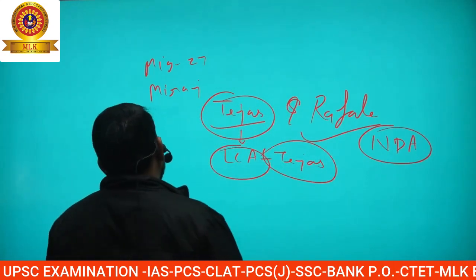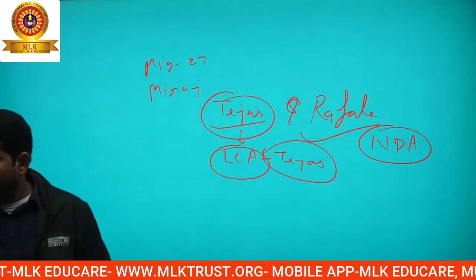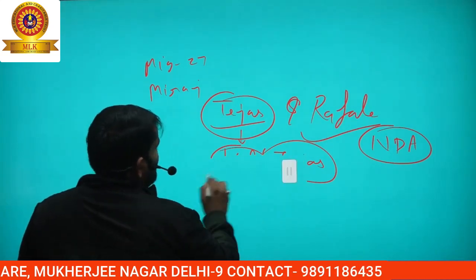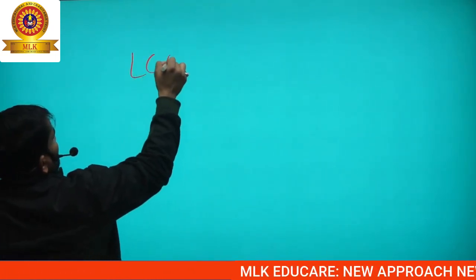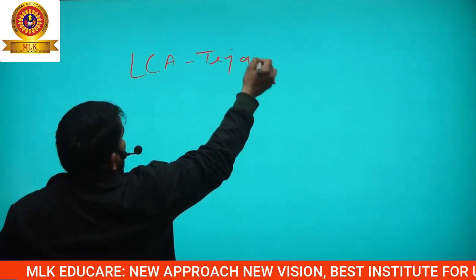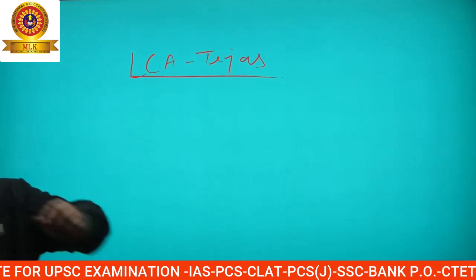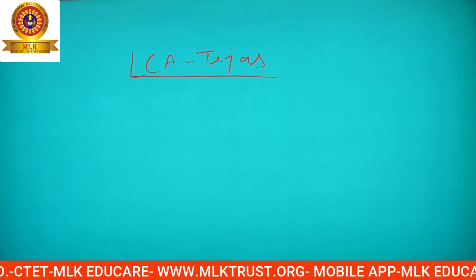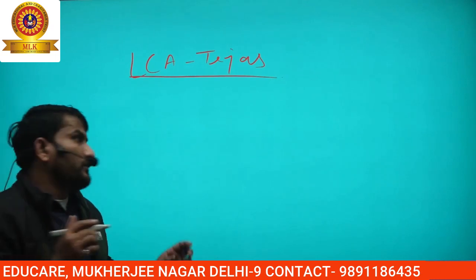OK, let's discuss one by one. Firstly, we will discuss our indigenously developed LCA Tejas. Actually, LCA Tejas is a 4th generation, fly by wire, single seat, single engine aircraft.